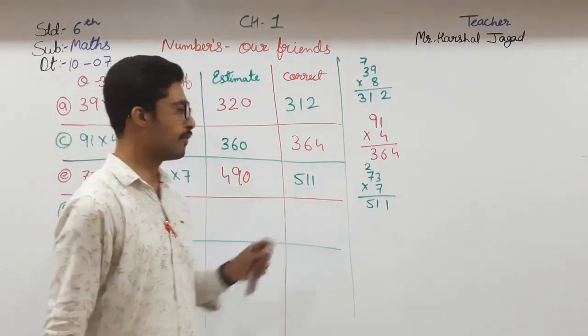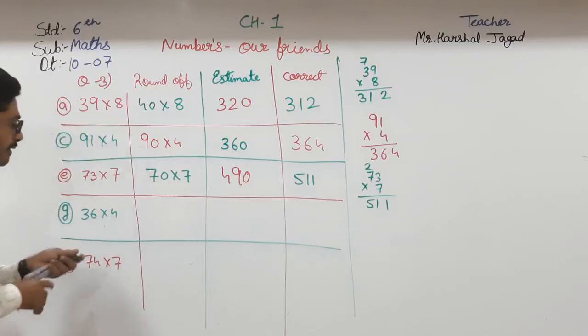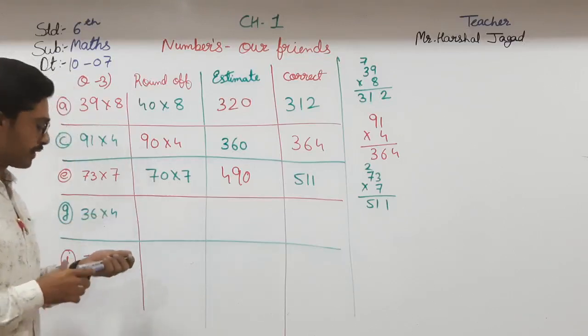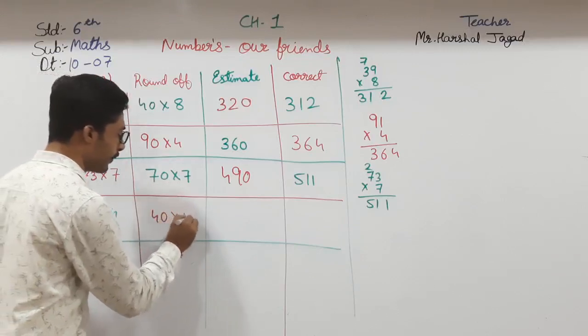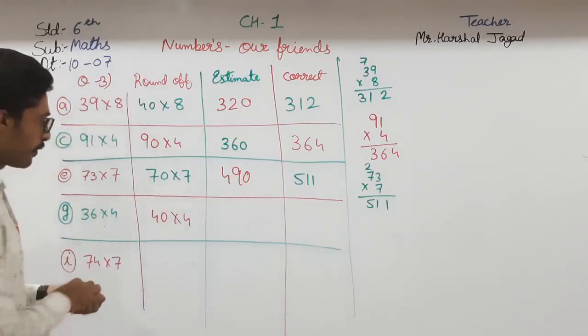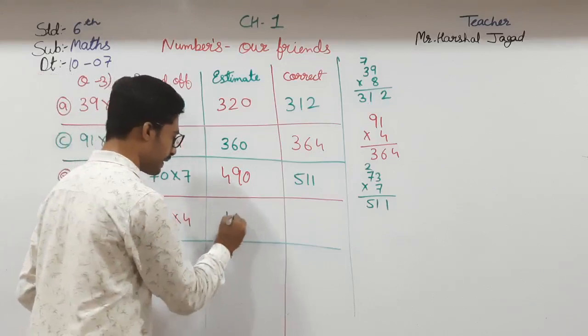Okay students, now moving forward, that is 36 into 4. So here we will just write 40 into 4. So 4 4s are 16, that is 160.